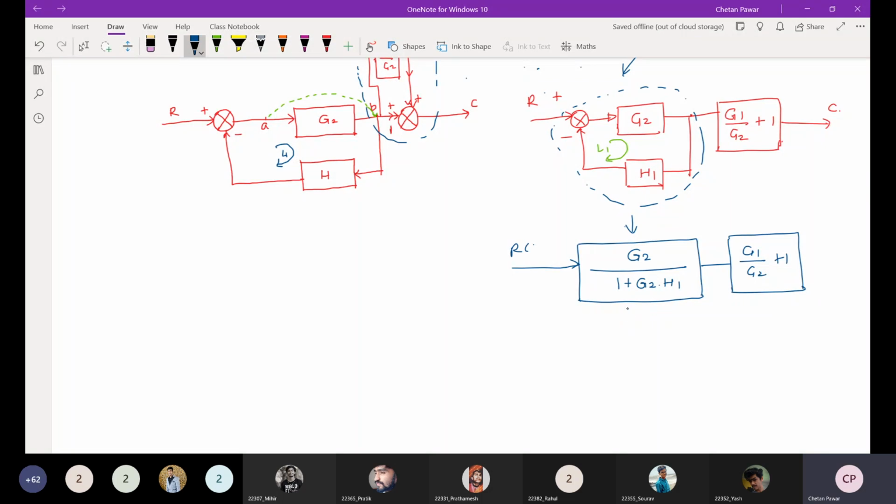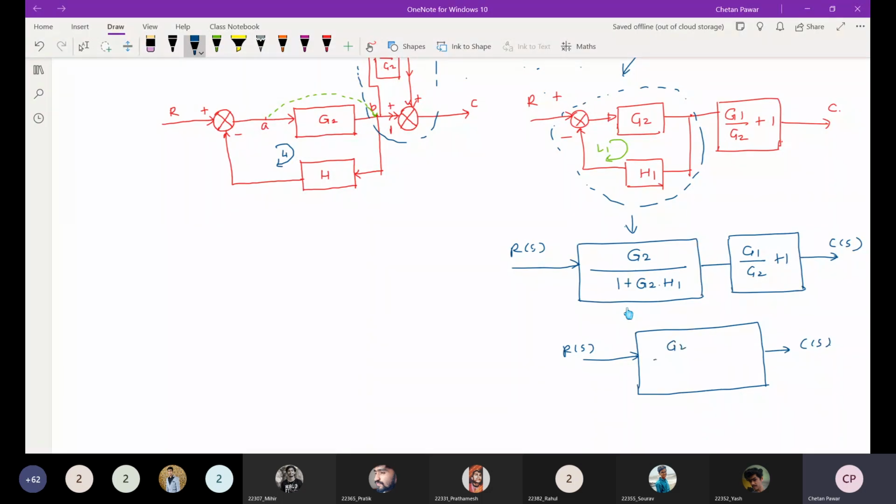Now these two blocks are in cascade. What will be the resultant gain when we connect two blocks in cascade and make that into a single block? The product of the two blocks. So this will be the product of the two blocks.